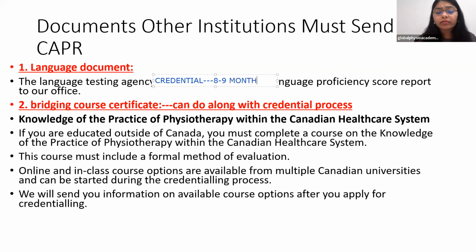So what I recommend is that you first finish your IELTS Academic 7 band. It is okay, though. Once you start your credential process, they will wait until you submit your IELTS score, and then they give the full and final paper, which shows that you are equivalent to Canadian students and eligible for the PCE written exam.